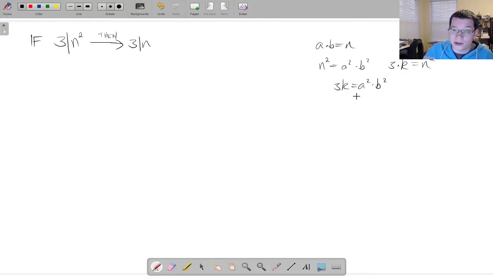So how do we want to do this? We can do it using the regular statement, or we can prove this using the contrapositive, and I think that's going to be easier. So if this is our statement, then the contrapositive would be: 3 does not divide n implies that 3 does not divide n squared.